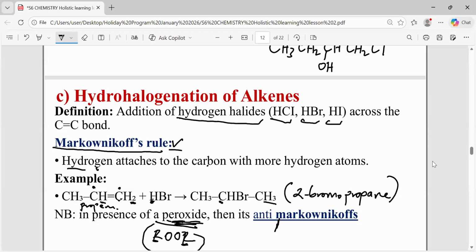It states that when a molecule containing a hydrogen atom is added to an unsymmetrical alkene, on a carbon atom carrying a functional group. So Markovnikov's rule applies if we're adding a substance which consists of a hydrogen atom.